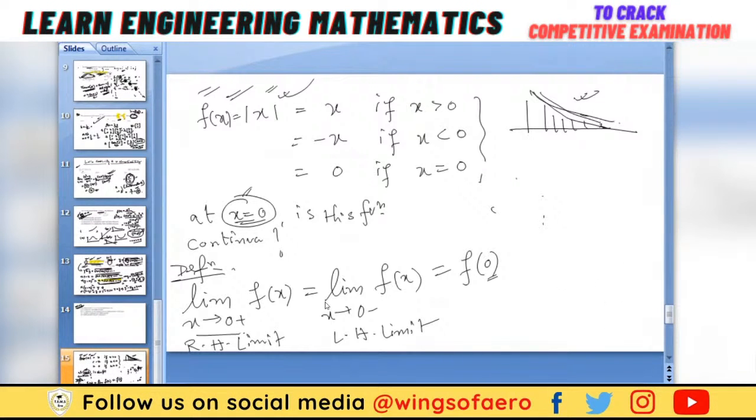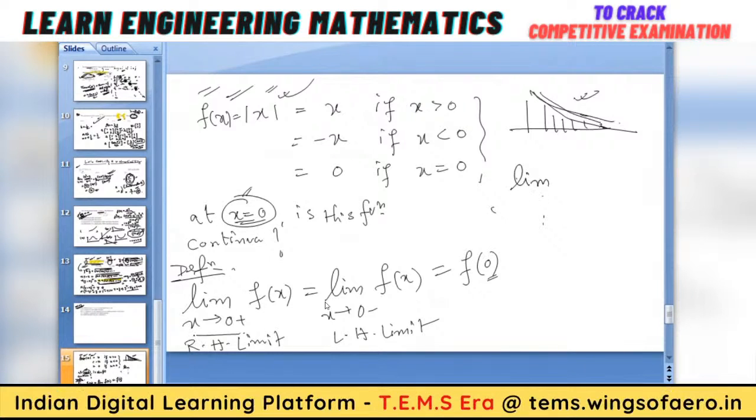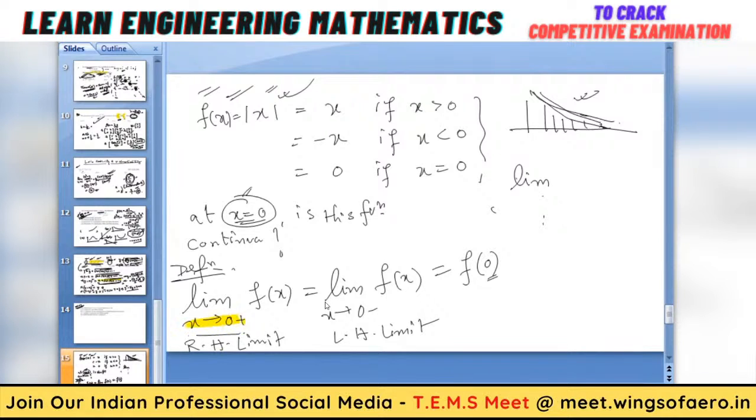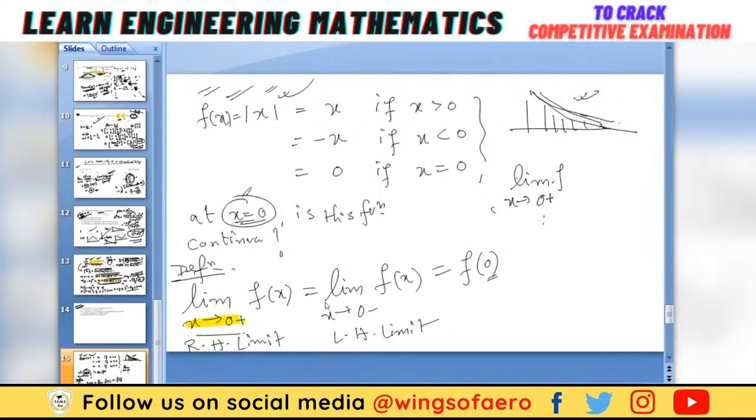So first check the right hand limit. Okay, I'm checking the limit at x equal to 0, that is why I'm writing x tends to 0 plus. If you check any other point, then you write x tends to 1 plus, 2 plus or something. So limit x tends to 0 plus f(x).